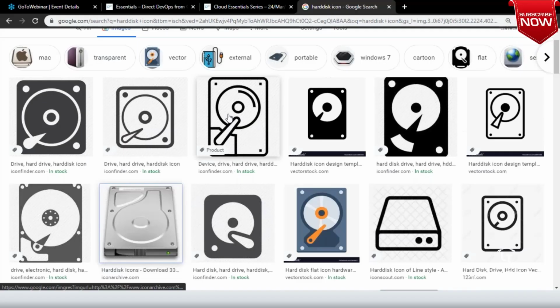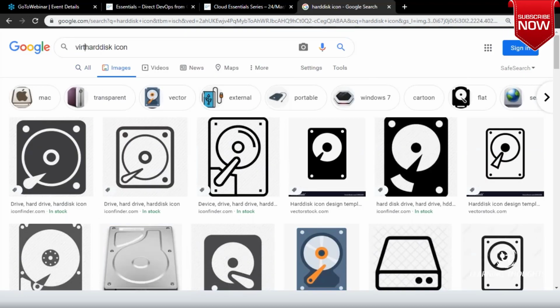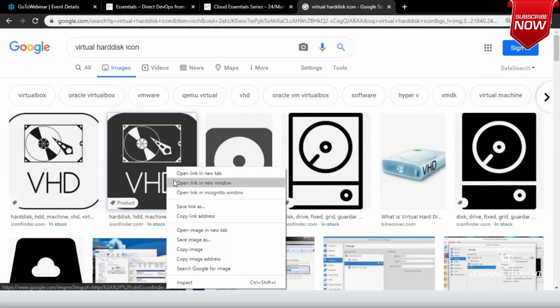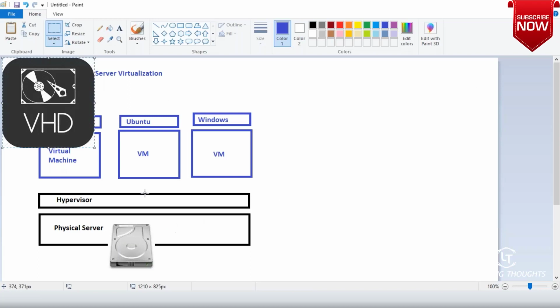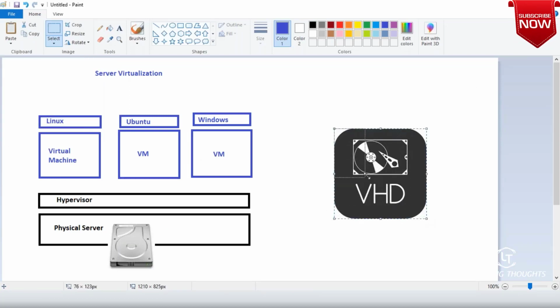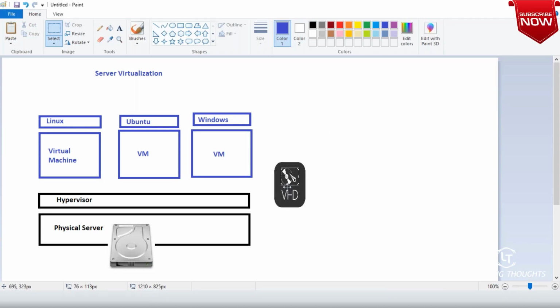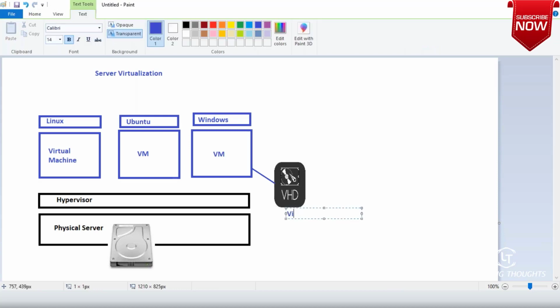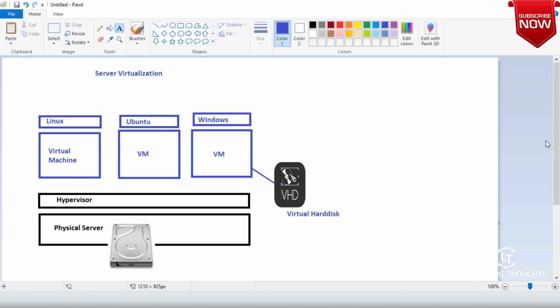The answer is yes. But it will have something called as... I'm just drawing only to one machine, but please understand it is to all the machines. So each machine will have, what is this? Virtual hard disk. Am I clear on this? So on the physical servers, we have physical hard disks, and on the virtual machines, we'll have virtual hard disks.